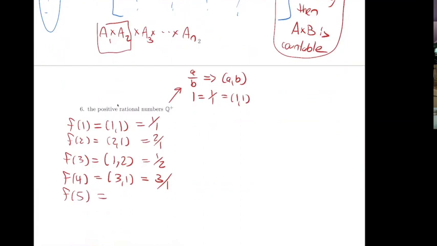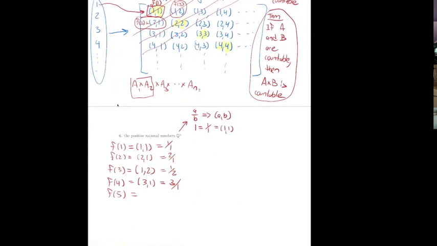Say f of 5. I'm now working my way across this diagonal over here. So I said 1, 2, 3, I'm at 4. Here I am at 5. But we've already done that one, right?